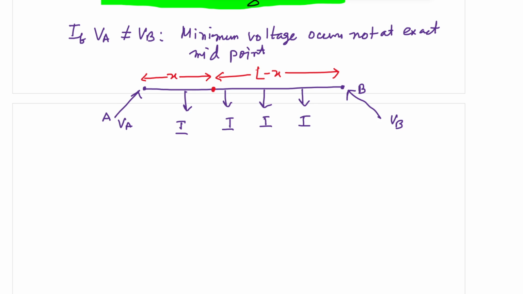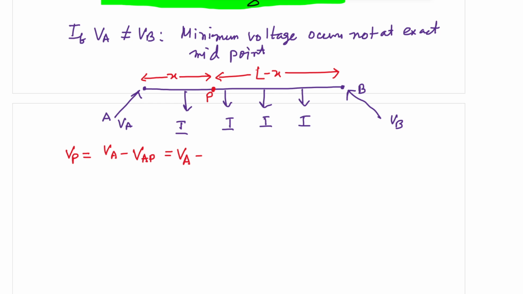So what will be VP? Now VP should be equal to VA minus VAP. VA is equal to VA. Now what will be VAP?